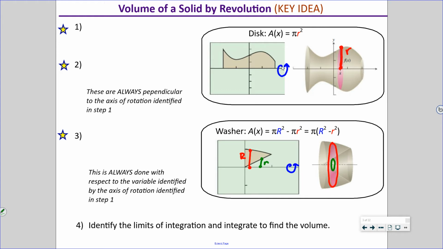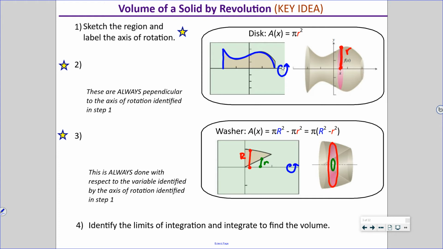What I like to do to get a visual is we're still going to sketch the region first, just like when we did area. We're going to sketch the region, and then label which axis we're rotating around. So if this is my problem, I would start by sketching this curve and then drawing in where I'm going to rotate it.